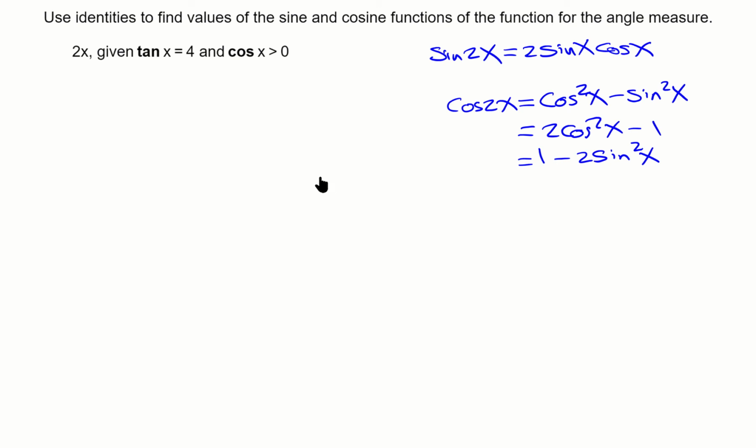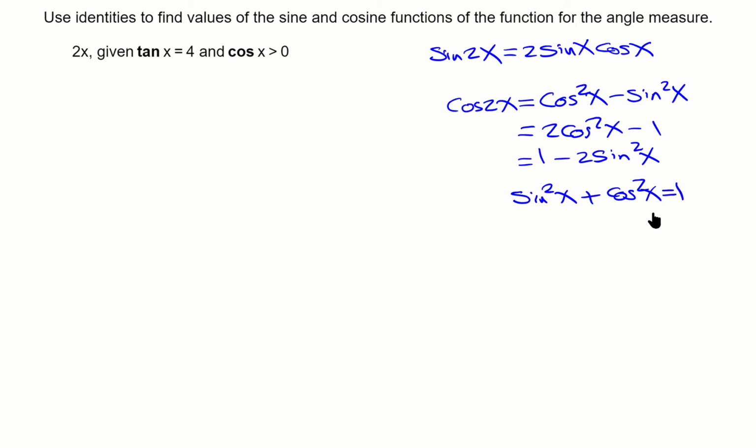Now, when I know the tangent, and if I also know the trigonometric identities known as Pythagorean identities, I should be able to find the secant. So let's go back to those Pythagorean identities really quickly. We have sine squared x plus cosine squared x equals 1.